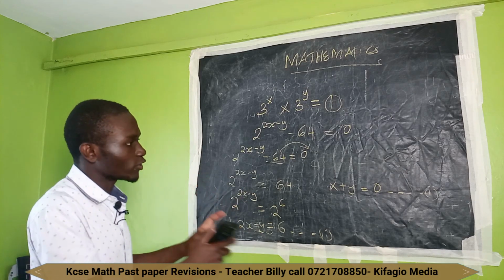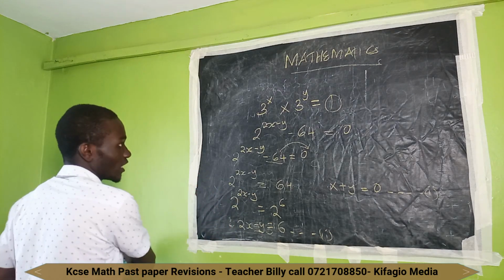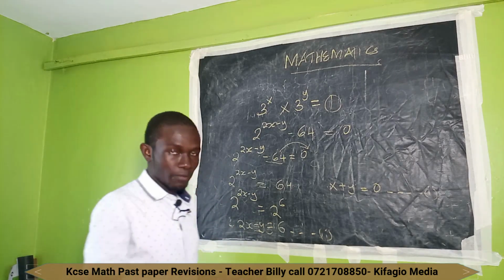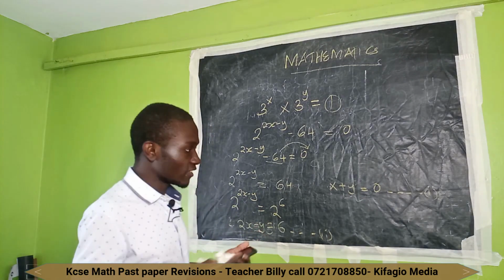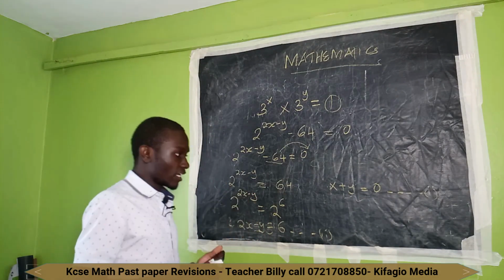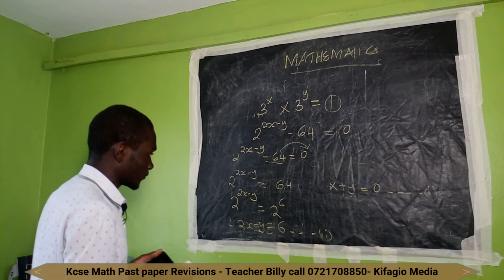Then you solve the two equations simultaneously by either using the elimination method, substitution method, the matrix method, or you can even draw a graph. In this case, because time is also part of the exam, let us use either elimination or substitution.